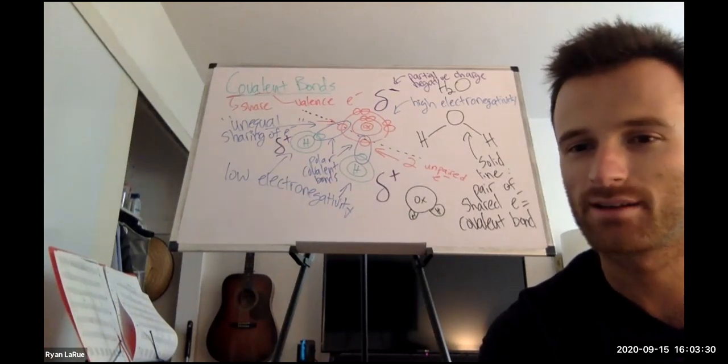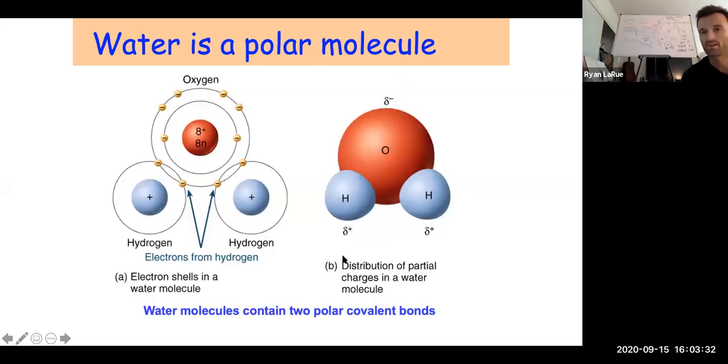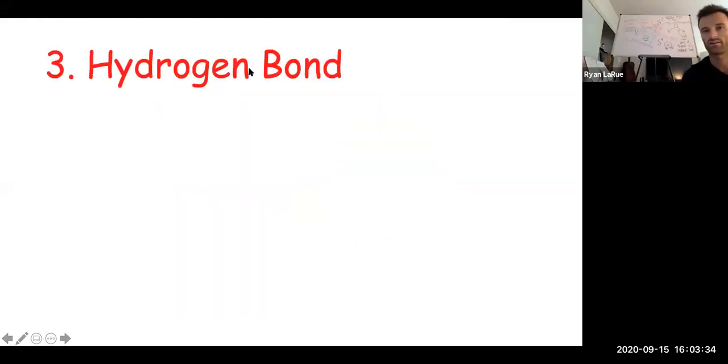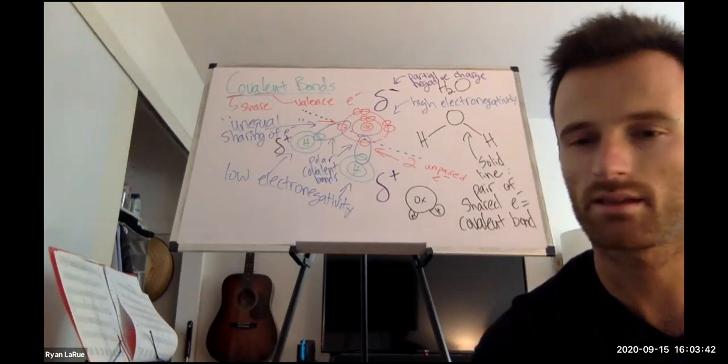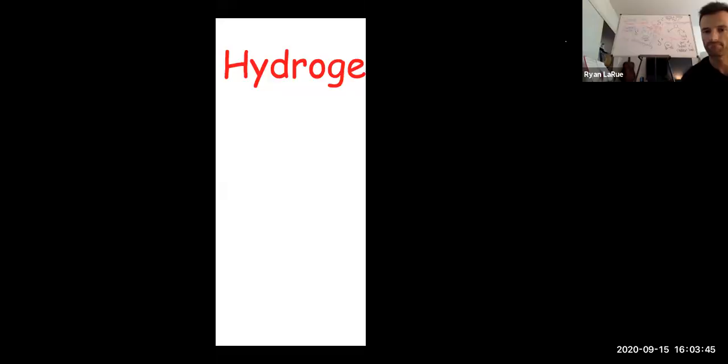Third type of bond, hydrogen bond. It's our last type of bond that we'll be talking about today.